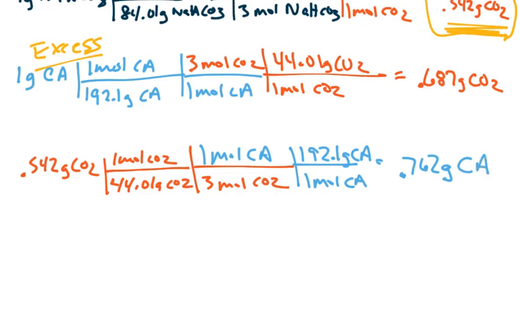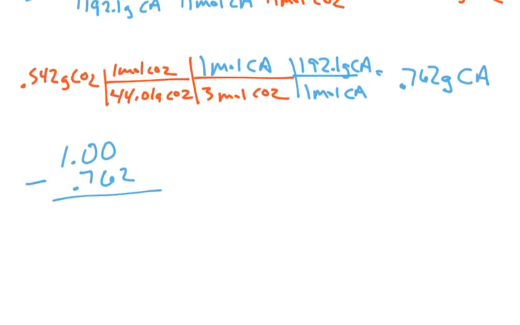Okay. 1.00 minus 0.762. Okay, and that's 0.24. Sig fig rules, you're adding.